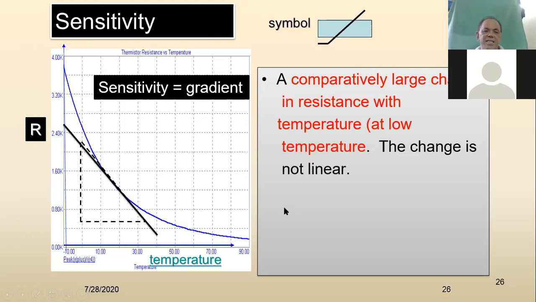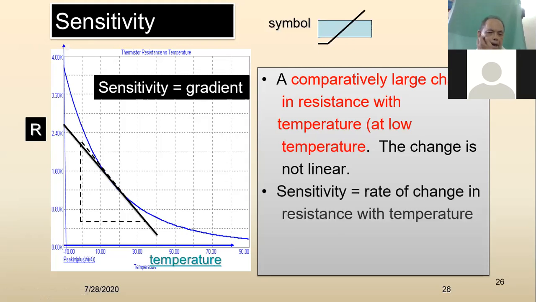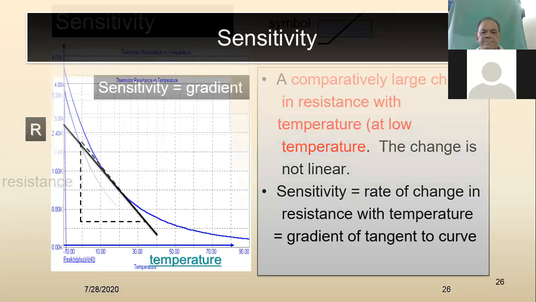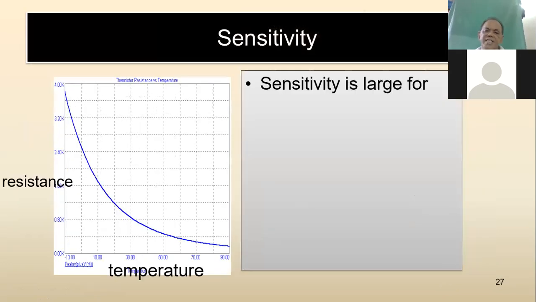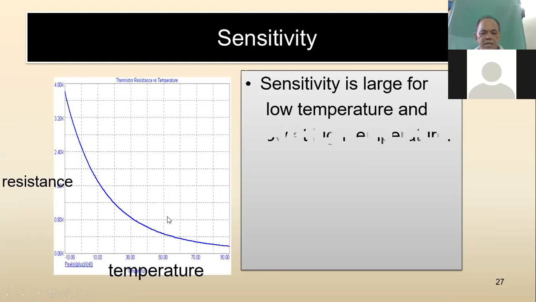We know the graph is not linear, it's a curve. Remember, sensitivity is the rate of change in resistance with temperature, the gradient of the tangent to the curve. Sensitivity is large at low temperature, where the gradient is large, and at high temperature, sensitivity is low, the gradient is smaller.